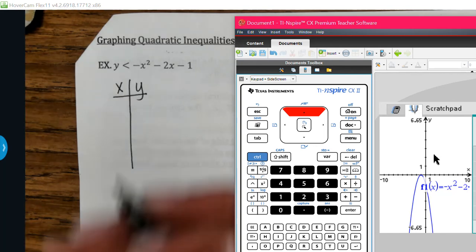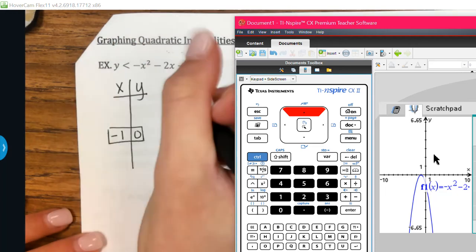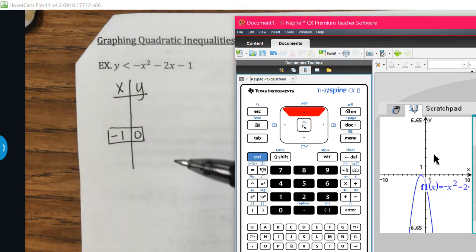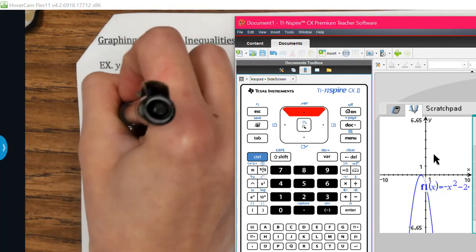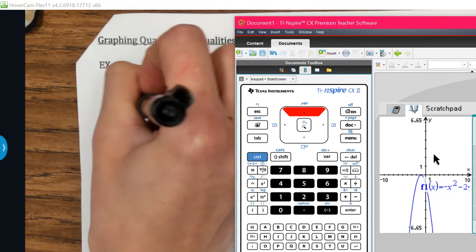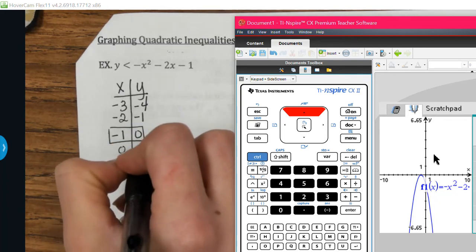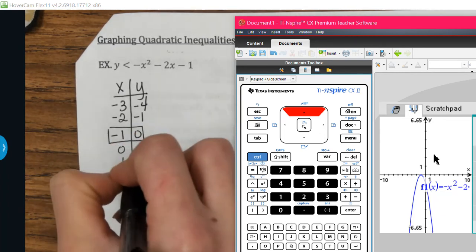So in the middle of my table, I have negative 1, 0. Then I'm still going to do 2 above and 2 below. So I'll have negative 2, negative 1, negative 3, negative 4. And then I have 0, negative 1, and 1, negative 4.